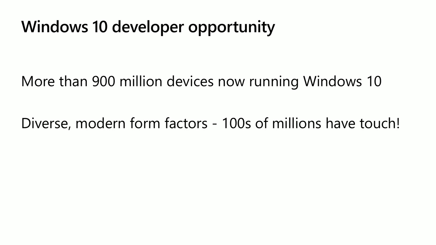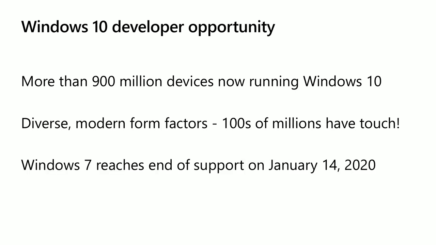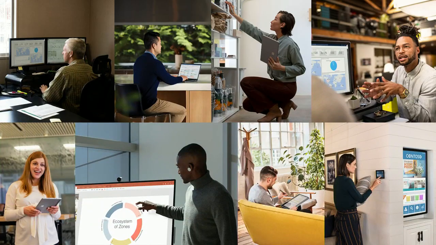And there's next-generation dual-screen foldable devices that we just announced a month ago at the Surface event. And finally, Windows 7 is reaching end of support in a few months. And while this represents a challenge for many people to complete their upgrades to Windows 10, it also represents an opportunity for developers to shed some old requirements and consider what's next.